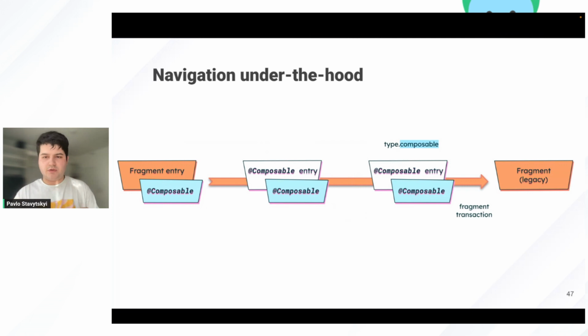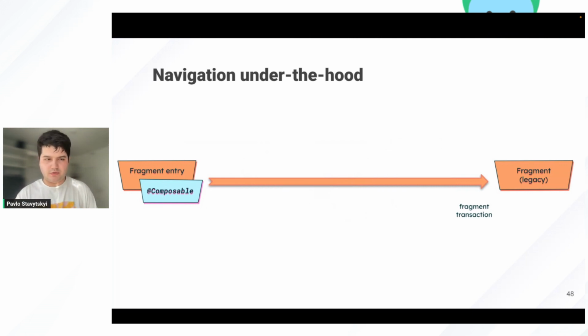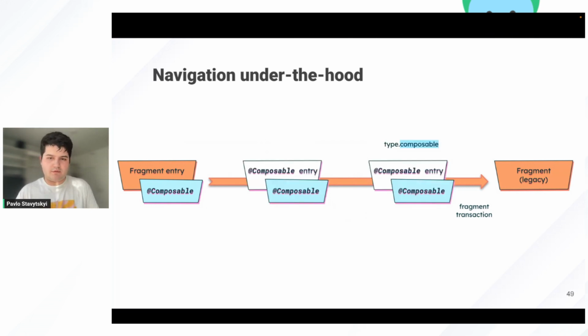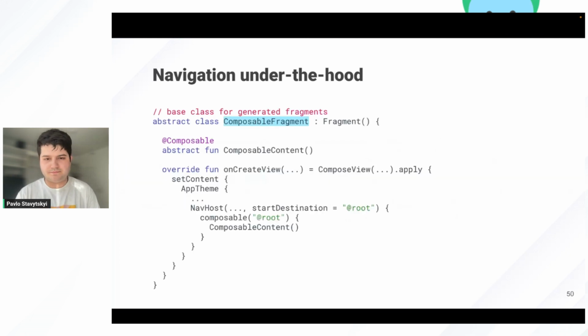So if we need to perform this navigation, we just perform a fragment transaction between that first initial fragment entry and the next fragment, which is the old screen in our flow, right? But to the user, it will look like we're just navigating from this third composable screen to a fragment. But the transaction will be performed under the hood.